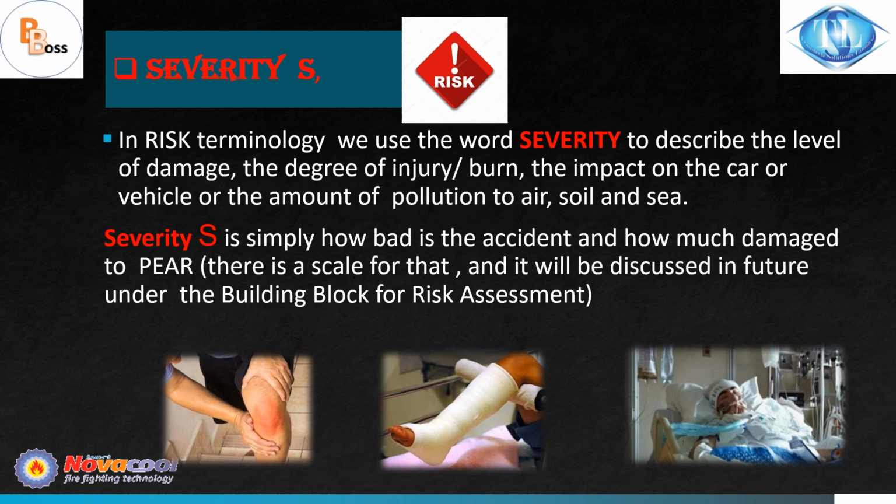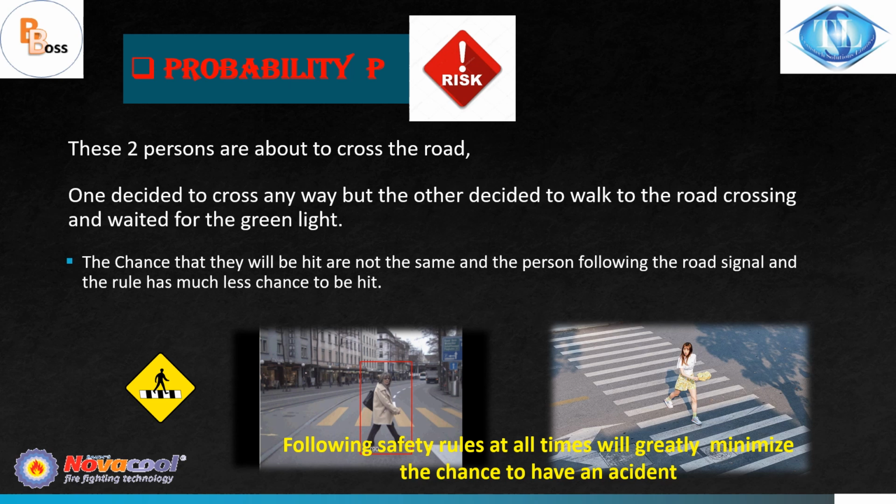Because there are two basic elements for risk. There may be others we can discuss at a very advanced level later, but now we have the severity, and the second one will be the probability. This picture is self-explanatory. One girl decided to cross from the zebra crossing.